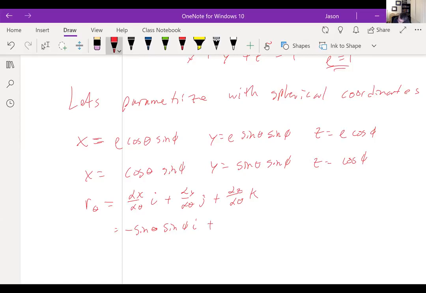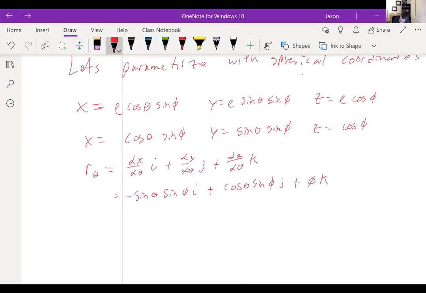Plus on y, this is going to be cosine theta sine phi j. Plus, there is nothing on theta for z, it's just phi, so that's 0 k. So that's what that one is. What about r of phi? That's just dx d phi, dy d phi, dz d phi.